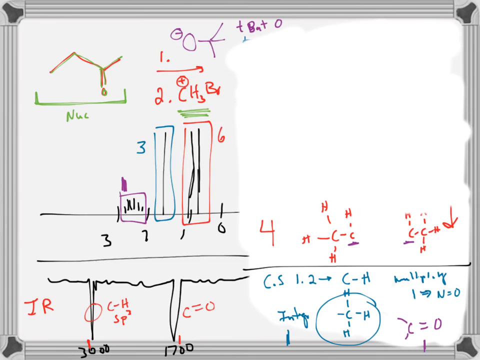From the red, I have a CH3. It's telling me I have a hydrogen there yet, but I'm going to put that in black. Why would I put that in black? Because it's not the red signal. The red signal is telling me there's another hydrogen, but I haven't found that hydrogen yet.